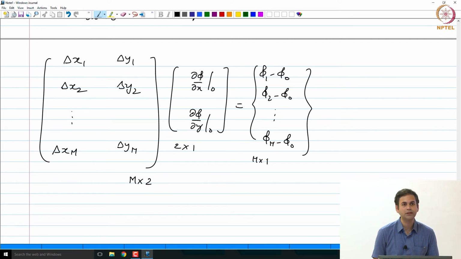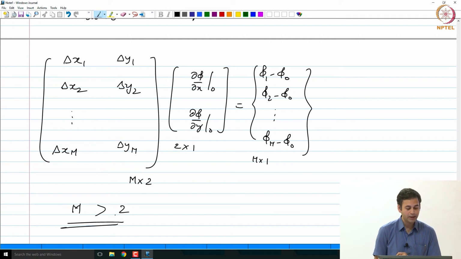In general, in 2 dimensions, what is the minimum number of cell neighbors I would have? What is the smallest cell that you can take with minimum number of faces? 3, it is a triangle. So, in general m, the number of rows, would be greater than 2, because you have at least 3 faces for a triangle.